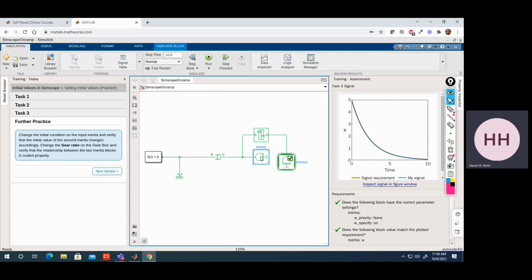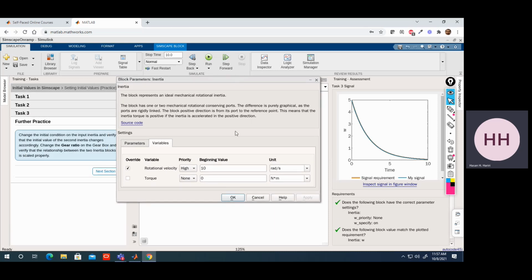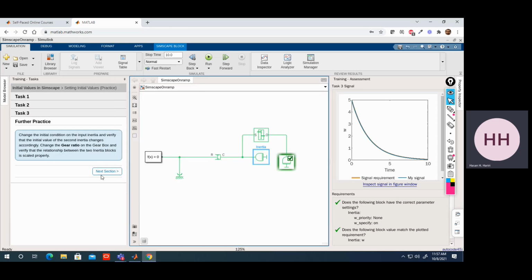And here, the rotational velocity is 10. So my point is, does the following loop have the correct parameter setting? Okay, I'm putting them right. But the question is why still 5?